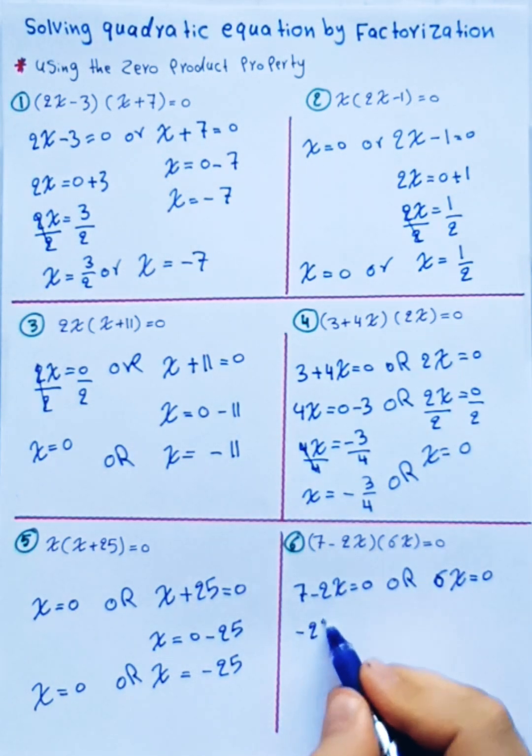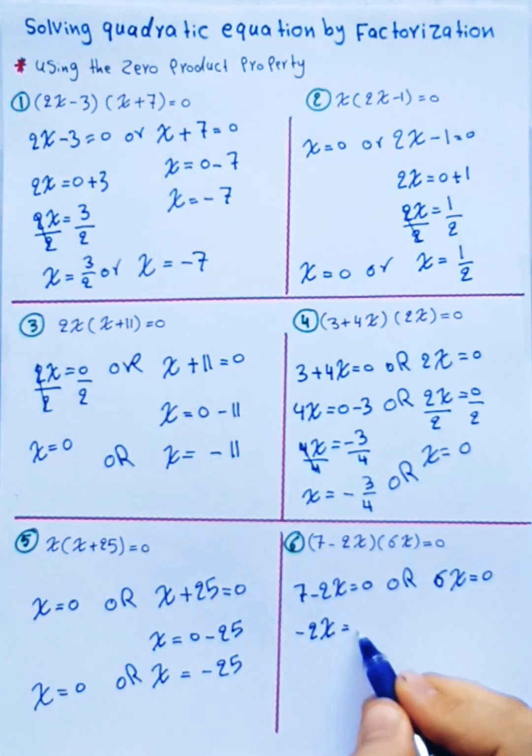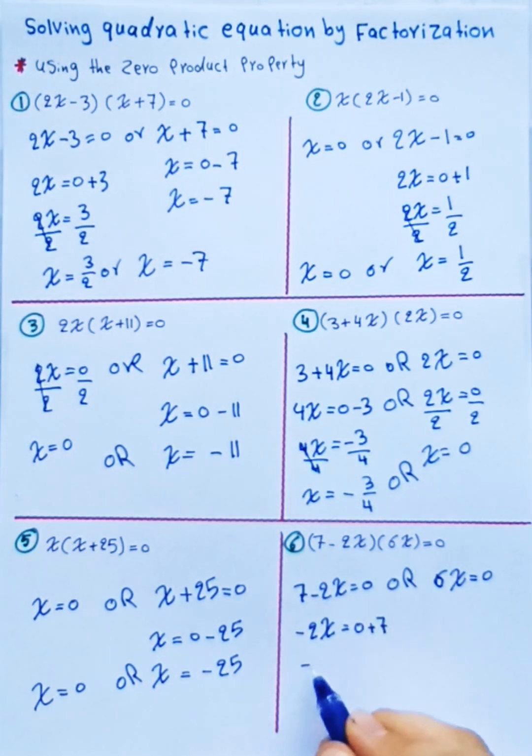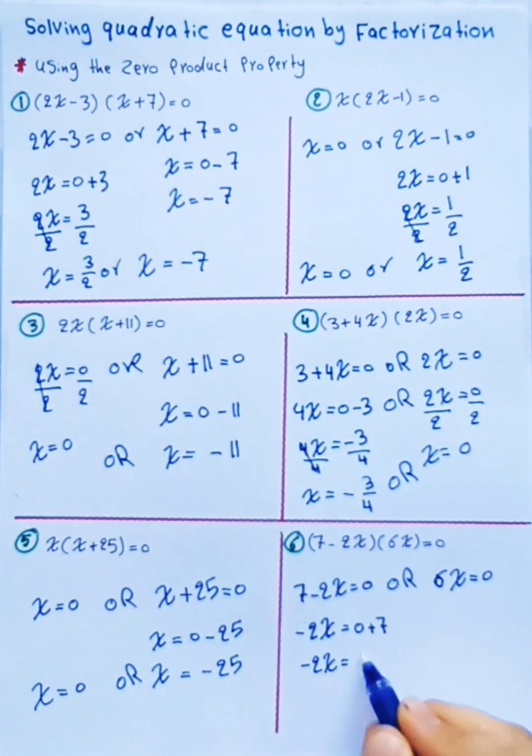So negative 2x stays equal to 0 plus 7, and then negative 2x equal to 7. We have to divide both sides by negative 2. These two terms cancel, and then x stays equal to negative 7 out of 2.